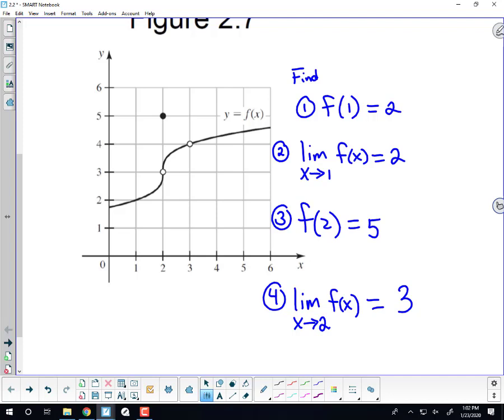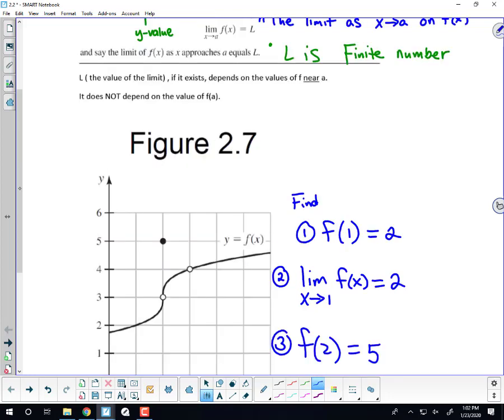For instance, I don't think we computed this, but for the x value of 3, our function f of x is not defined at 3, but we can define a limit as x approaches 3. Let's write that one out too on this figure.